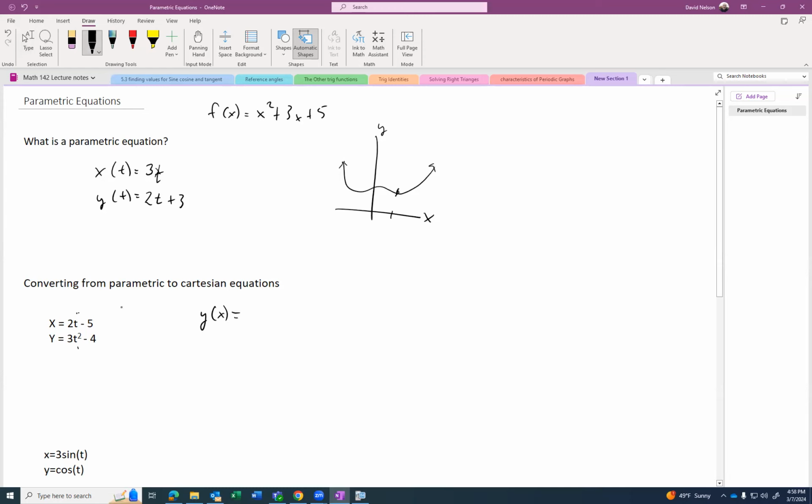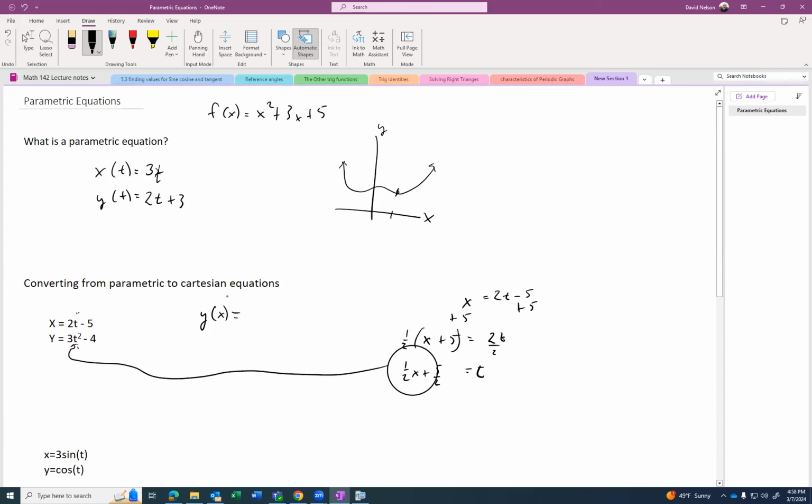So I'm going to take that first equation. I've got x equals 2t minus 5. So we'll add 5 to both sides of the equation. x plus 5 equals 2t. And then divide by 2 or multiply by a half to get a version for t. And then we take that and substitute it in for t in the y equation.